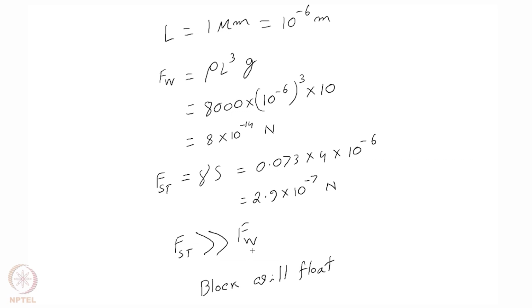Now as we see here, we did not change any physics, right? We just changed the scale, and because of that scale change, earlier the weight force was 80,000 Newton, that became 8 into 10 to the minus 14 Newton, whereas surface tension force became 2.9 into 10 to the power minus 7 Newton.